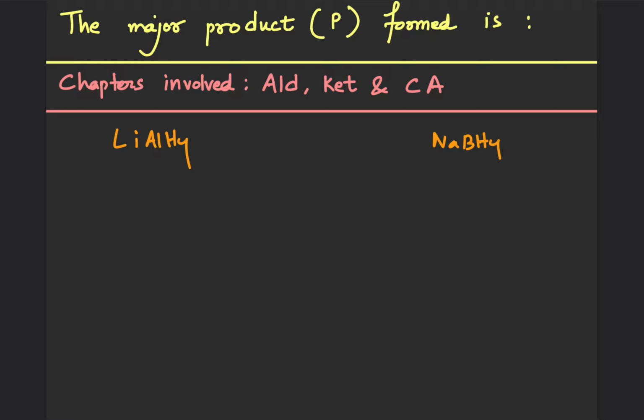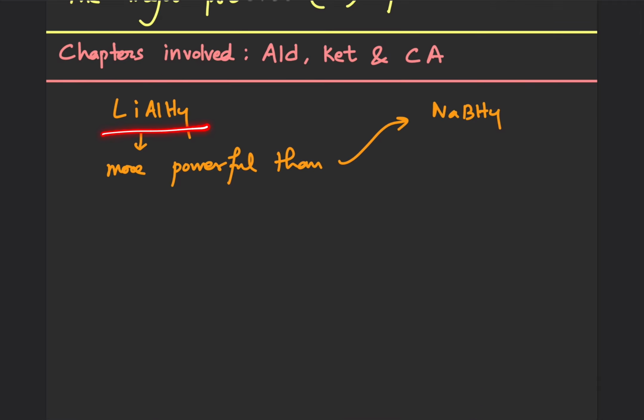LiAlH4 is a much more powerful reducing agent than NaBH4. So LiAlH4 can reduce many organic compounds, for example aldehydes, ketones, acids, acid chlorides, esters, amides. Important: LiAlH4 can reduce amides also.